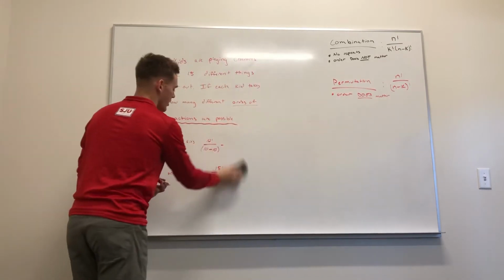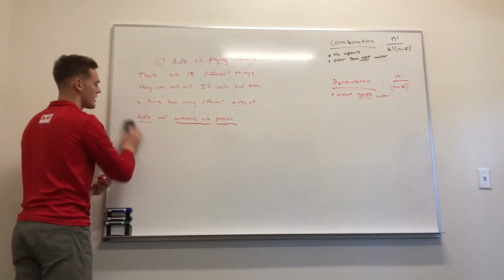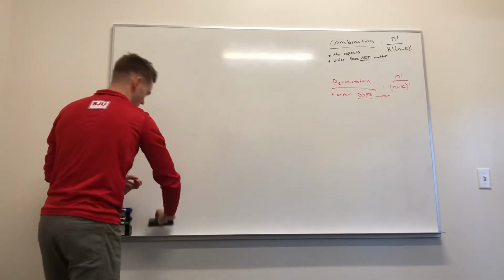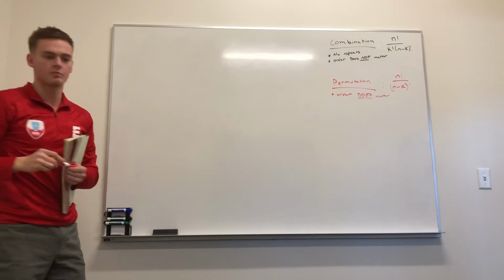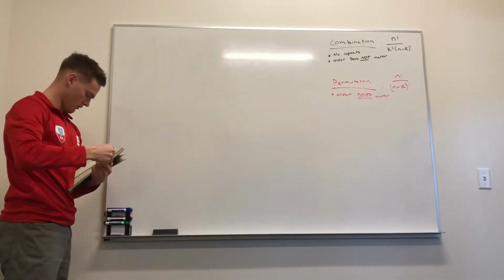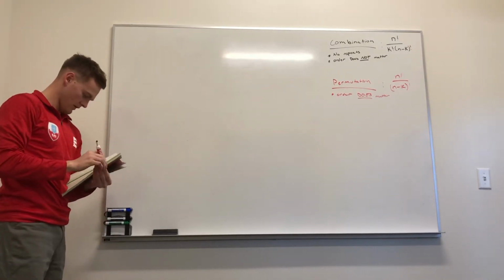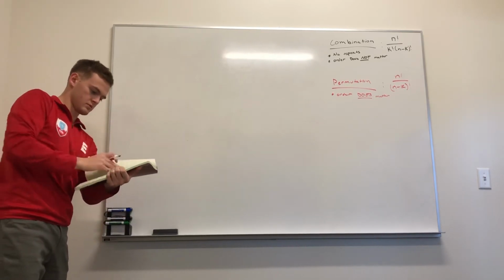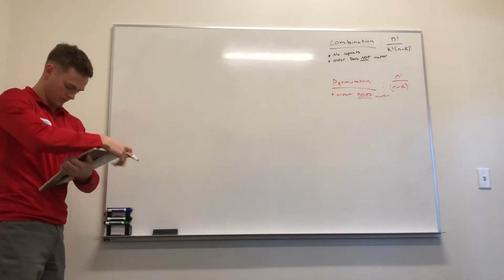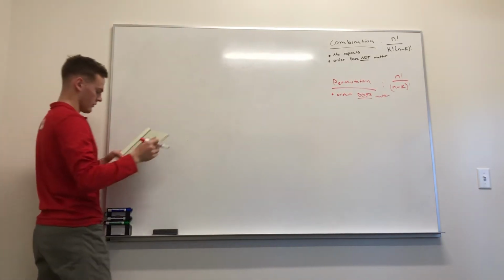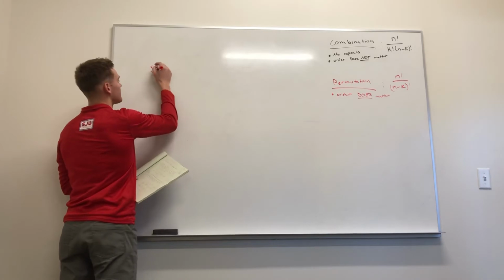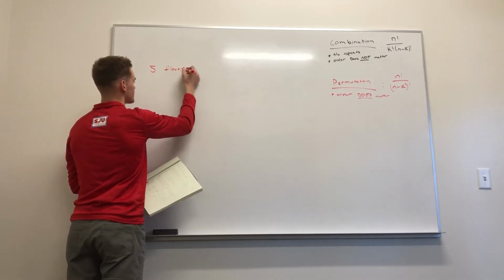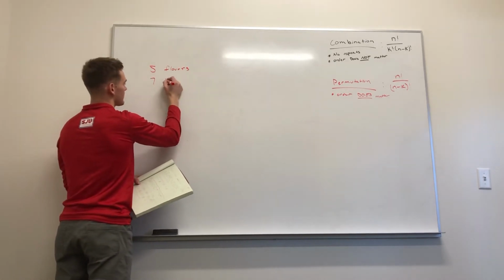Next, we're going to be talking about ice cream. Everybody loves ice cream. So say that you're at an ice cream parlor, and there are a total of 5 flavors of ice cream to choose from, and 7 different toppings.